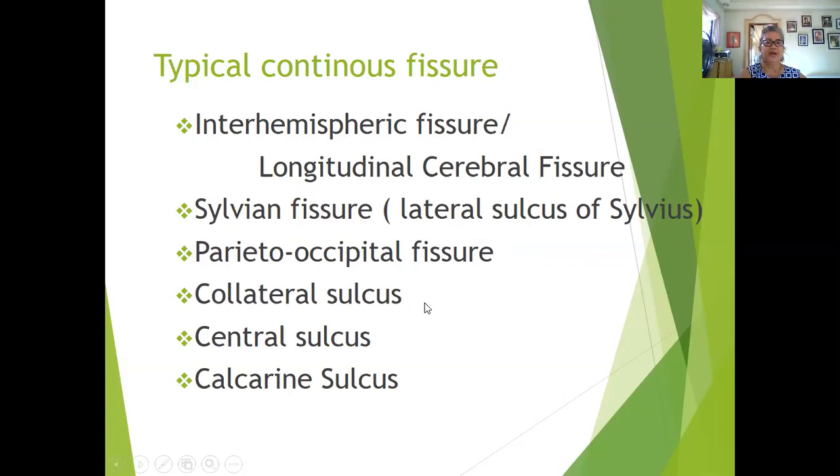While you have your collateral sulcus also, which is a medial fissure, the central sulcus, which is a lateral fissure that separates your frontal and your parietal lobe. And you have the calcarine sulcus, which will be seen in the medial surface.